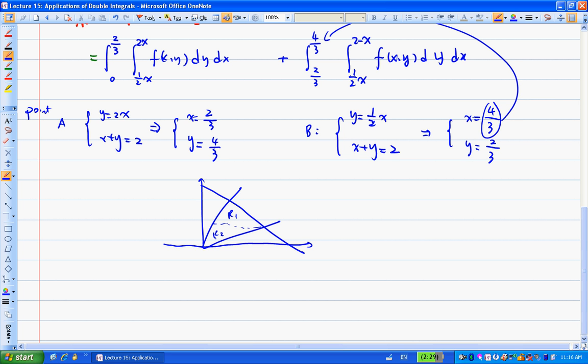Okay? Yeah. Now in certain situations, sometimes you have a choice. Basically, in this particular case, it doesn't matter which order you take, you're going to have to separate this into two regions. However, there are situations where if you pick this order, you're going to have to separate into two regions, but if you pick the other order, you don't need to.